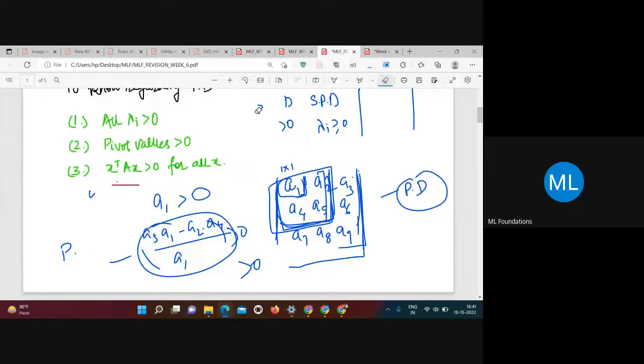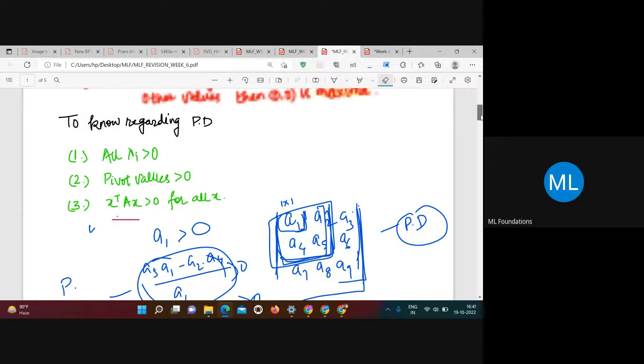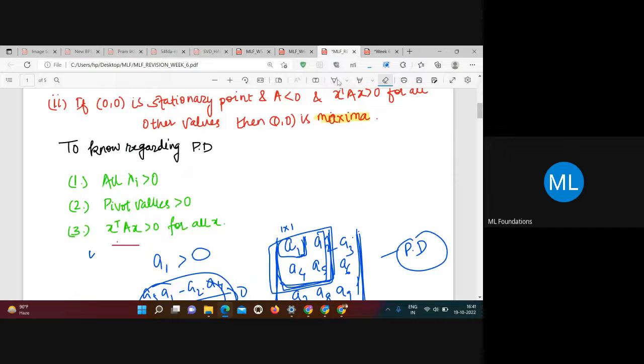The Hessian matrix can work for 3 cross 3 every time, and 4 cross 4 also. But the problem is that for 2 cross 2 you can directly say. If you have fxx, fxy, fxy, and fyy, you can directly calculate the leading minors. So this was the first leading one, A, which is fxx only, and here you have B, B, and C. Then you calculate the determinant.